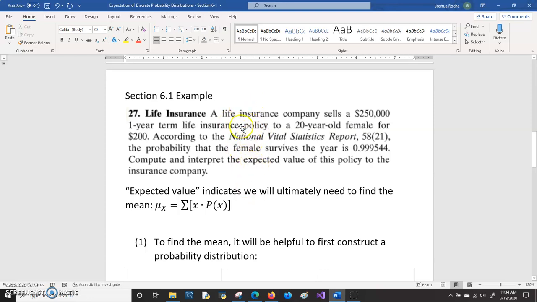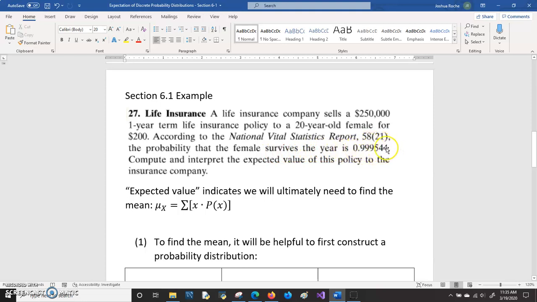And the problem is that a life insurance company sells a $250,000 one-year life term policy to a 20-year-old female for $200. So she purchases this for $200 and then gets this policy. Also, according to the National Vital Statistics, the probability that a typical female would survive over the course of a year is 0.999544.